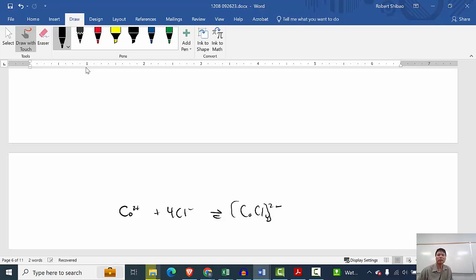And when we dilute it, we make more space. And when we make more space, it's going to favor the side with more stuff. And so here, if we're adding water, it's going to favor this because there's more particles that we need to accommodate in solution here than over here. There's only one solute particle that we need to accommodate. And so dilution is going to impact the left side less than the right side.